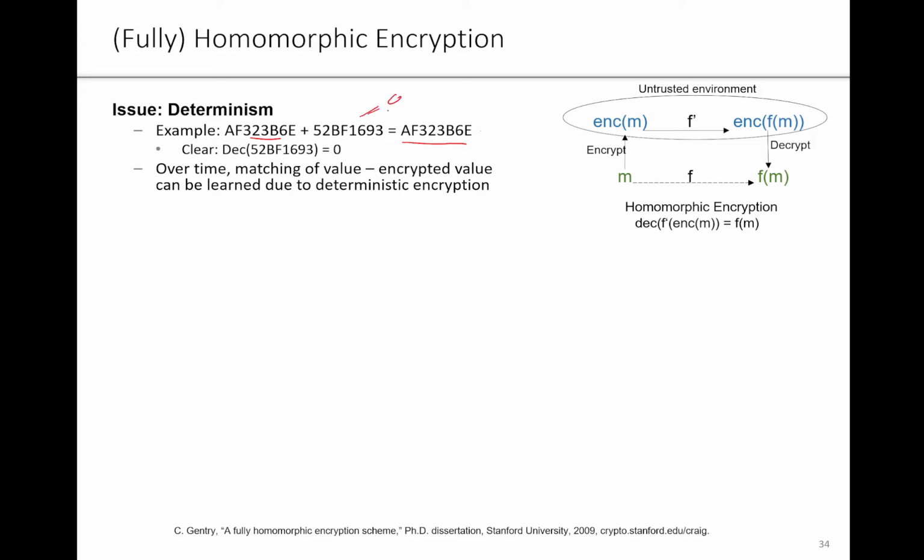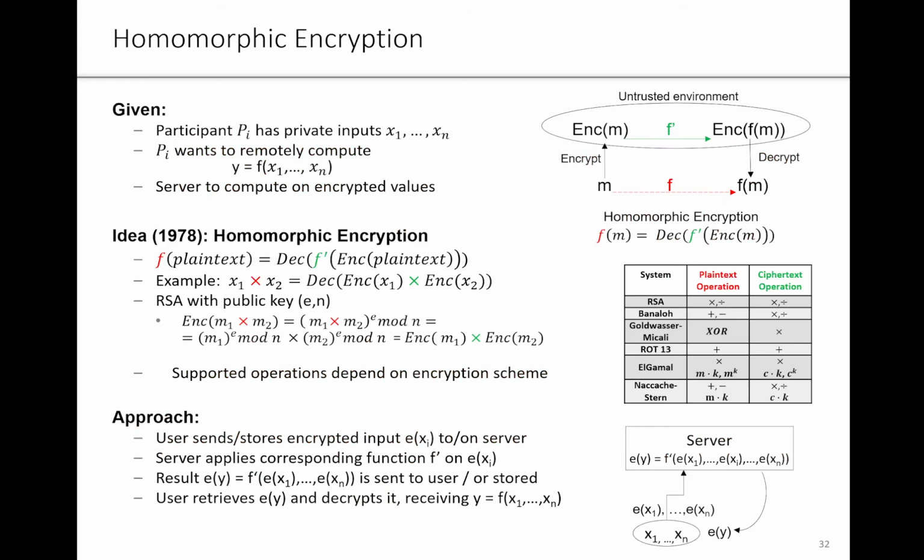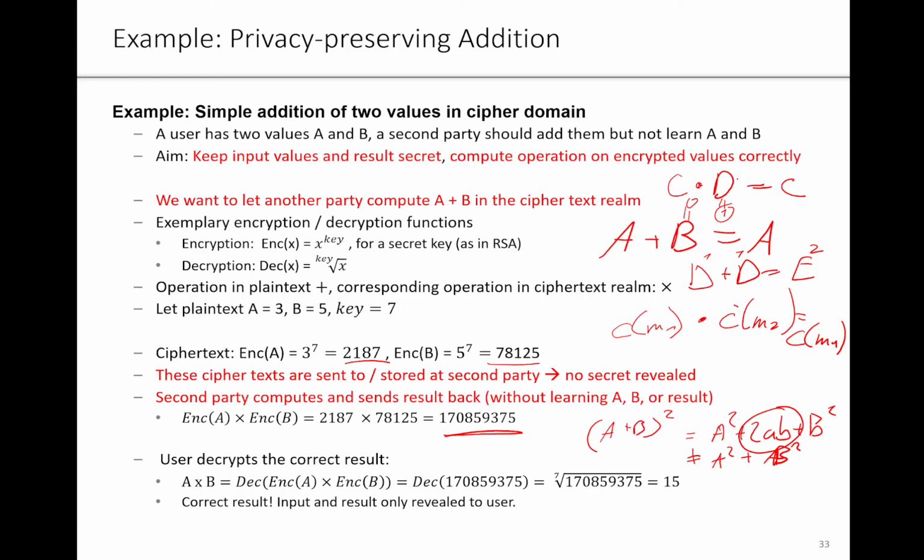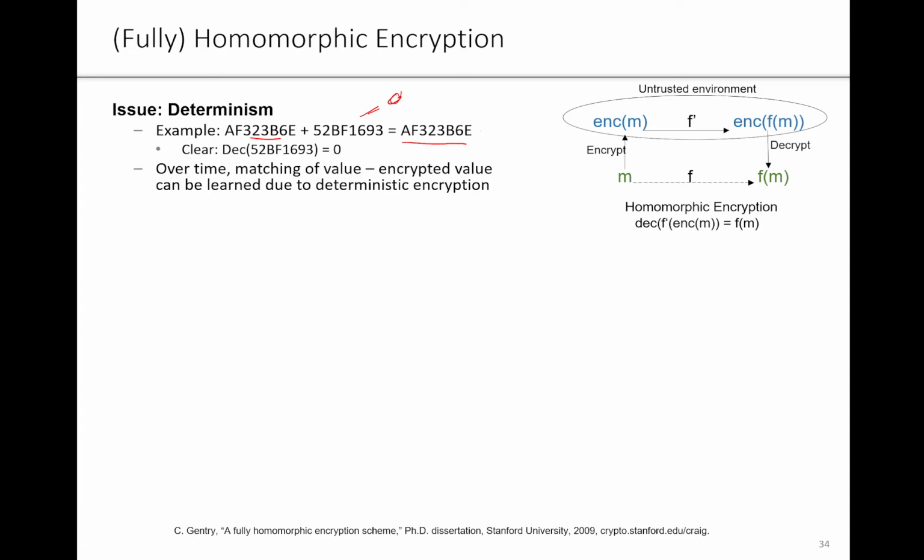If we can see this C is equal to that C, then we could learn something about D. If we can see this D is equal to that D, then we could learn something about further up. So if one identical number, let's say 5, always maps to the same value, this kind of value to encrypted value matching can be learned.